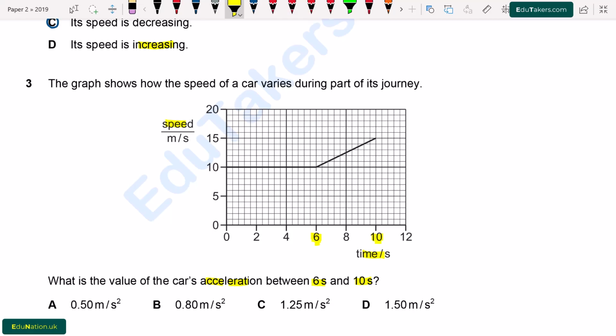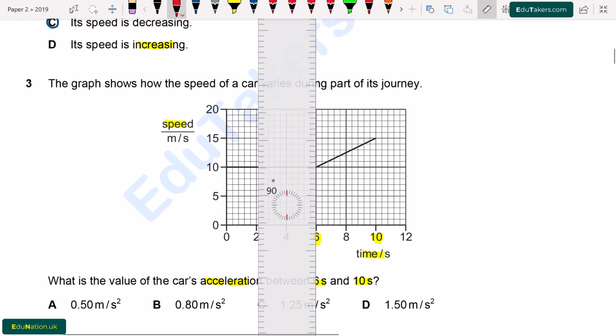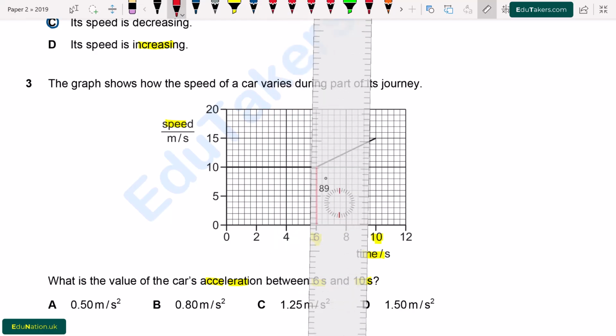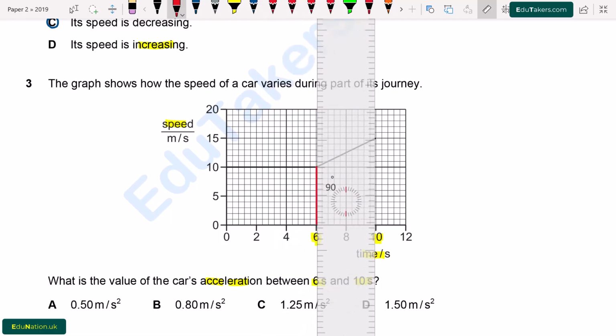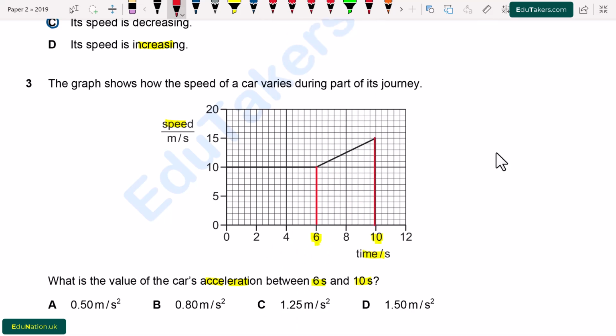We have to find their corresponding speed values from the graph. First of all, I use a ruler and draw the lines. From here we can see that at 6 seconds, the speed is 10 meters per second, and at 10 seconds, the speed is 15 meters per second.